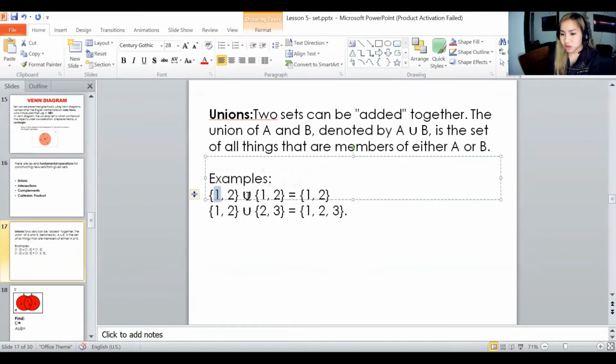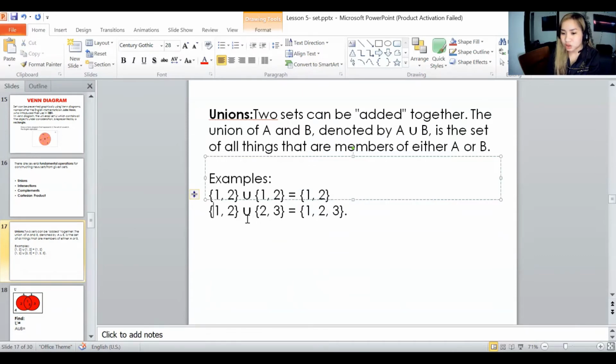So, ayan, nakita nyo po na dalawa yung 1 natin, pero isa lang po yung nilalagay natin sa final answer. Ito rin pong 2. Isa lang siyang inilalagay sa final answer. Again, 1, 2 or set 1, 2 union 1, 2 rin po yung second set. So, kapag pinagsama sila, we have 1, 2 yung answer.